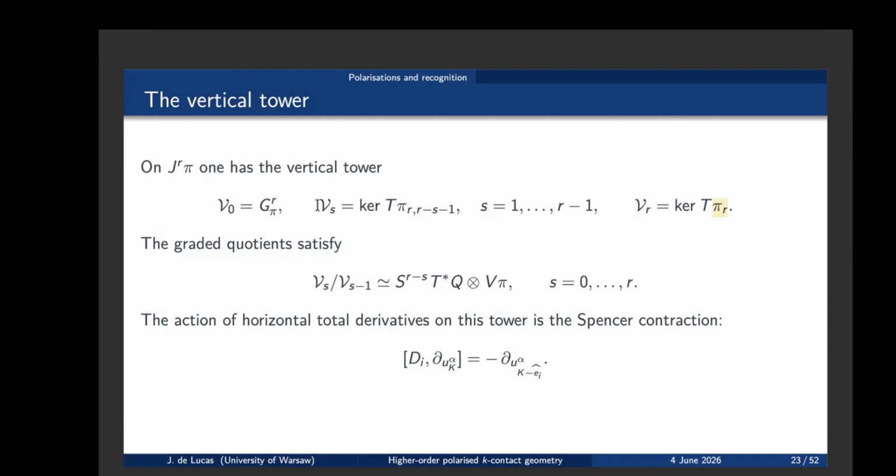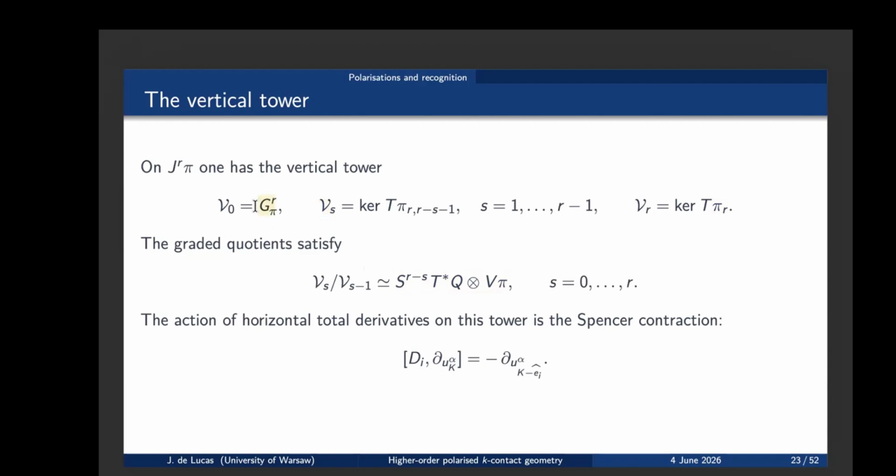These structures are very natural in geometry. You have the coefficients, they are of this sort, and they can be described by means of a bundle of this sort. When you consider the total differential and they act on these partial derivatives, which give you a basis of every one of these spaces, it turns out that they reduce the order.